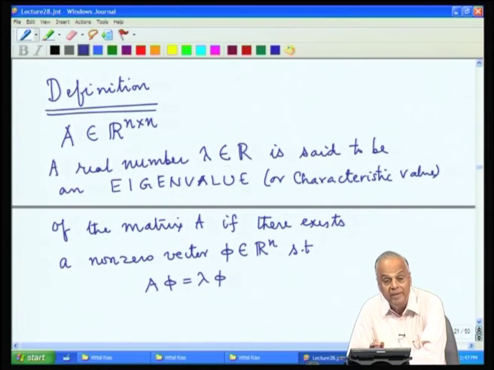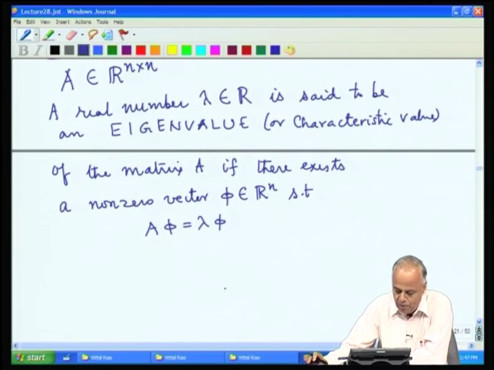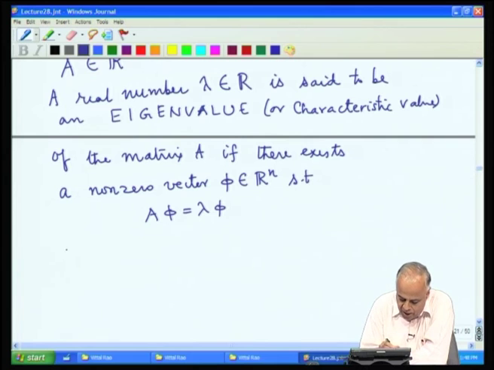That is invariant. Phi remains in the same direction as phi. So, non-zero vector phi in R n such that A phi equal to lambda phi.